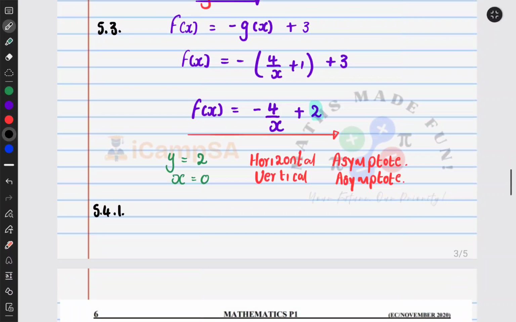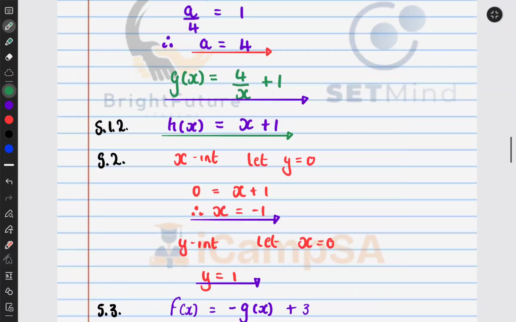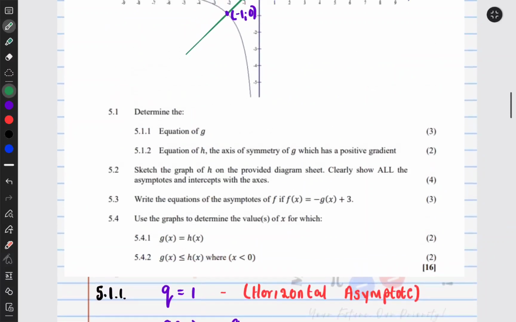That is where our graphs will be equal, where x is equal to -2 and x is equal to 2. Those are the two values where these functions will be equal, the function of h and the function of g. They said we must use the graphs. If we were just asked to find the values of x where these two equations are equal, we're just going to take the equation of g and the equation of h, we equate them, and then we solve.